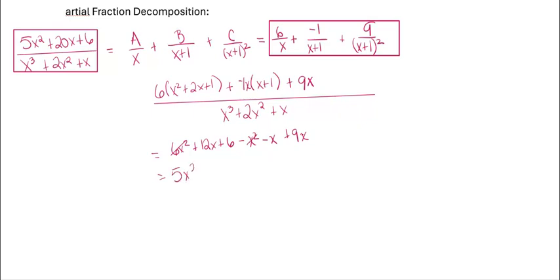Okay, and then my 12x minus x is 11x, plus 9x gives me 20x, and then plus 6, because that's by itself. Alright, so my numerator matches my other numerator, and I know that my denominator is x to the third plus 2x squared plus x.